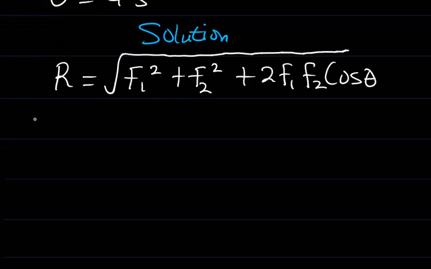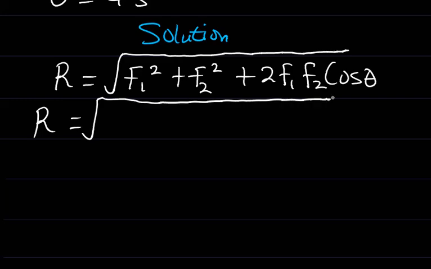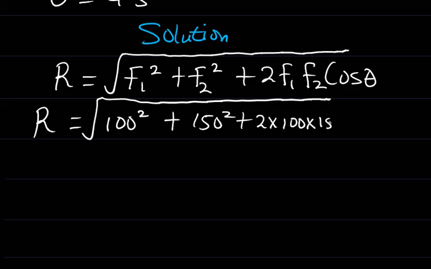So this is going to be equal to the square root of 100 squared plus 150 squared plus 2 times 100 times 150 cos 45.